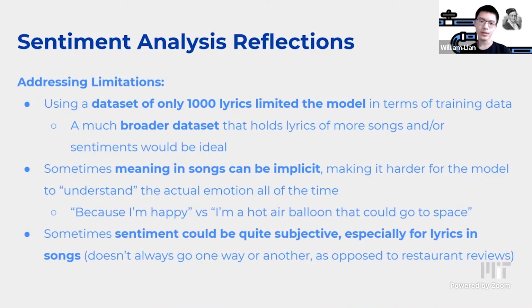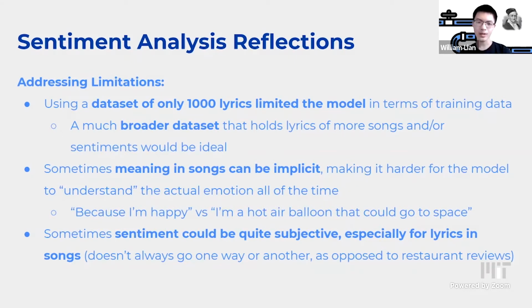So one of the limitations of this project was that we only used a data set of only 1,000 lyrics. So that limited the model in terms of words and a range of patterns and nuance. And in addition, the meaning within songs isn't always obvious because many songs would use metaphors as opposed to obvious statements.